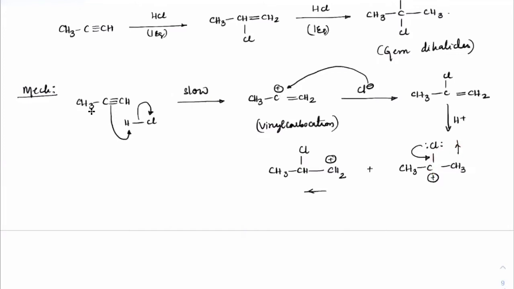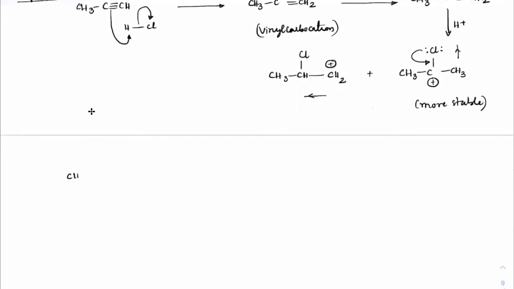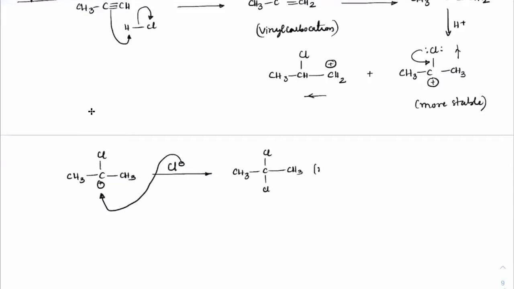Although overall it is withdrawing, if you see the extent of the withdrawing nature, the second one would relatively be more stable. So here you will have the more stable carbocation. Hence, CH3 C Cl plus CH3 is treated with Cl minus; Cl minus attacks here, and we get CH3 C Cl2 CH3 as the major product.